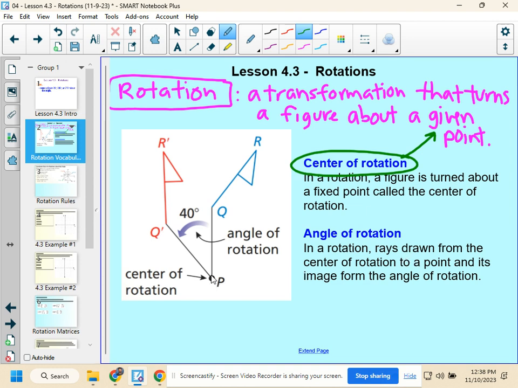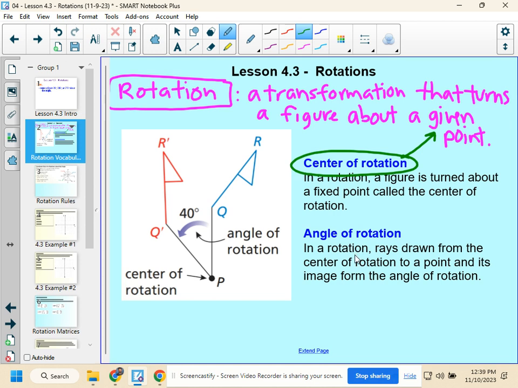Here's my ray from my original picture from P to Q, and then from P to Q prime on my new picture. I've got two separate rays, or even segments in this case, and we got a protractor out and measured, hey, what is this angle right here? That's where that 40 degrees is coming from. Other than just talking about it, we didn't add that part to our notes.